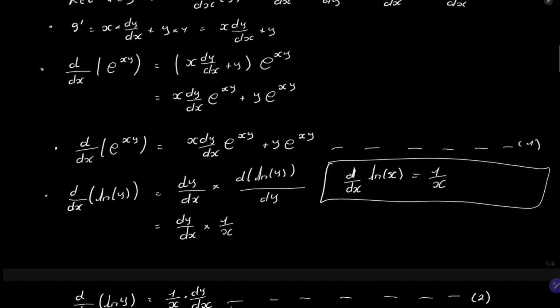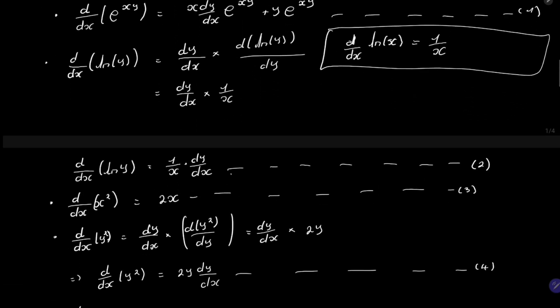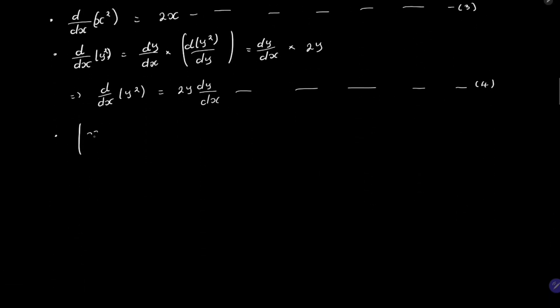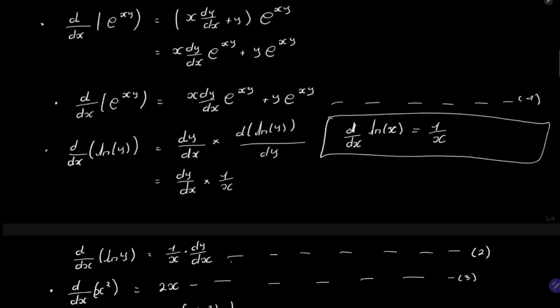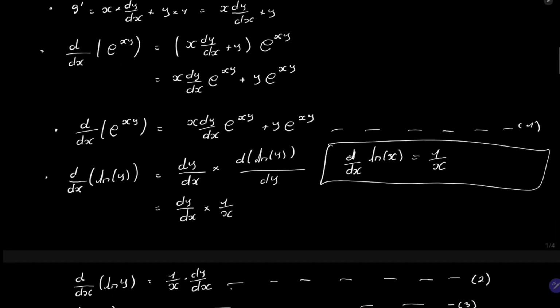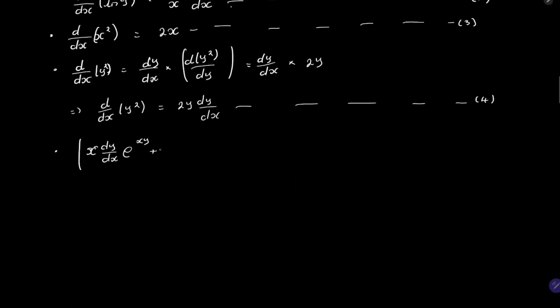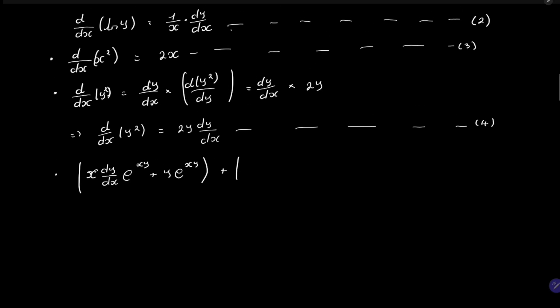Our first term is x dy/dx e^(xy), plus y e^(xy), plus our second term, which is 1/x dy/dx, equals our third term, which is 2x, minus our fourth term, which is 2y dy/dx.